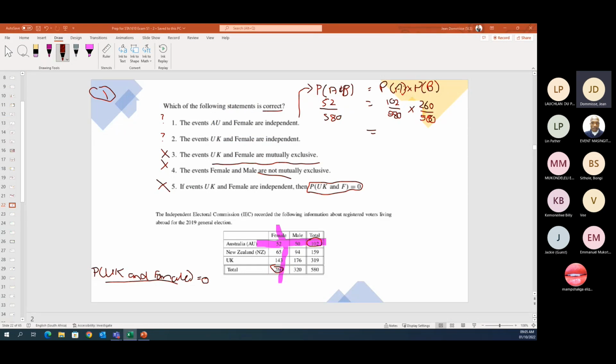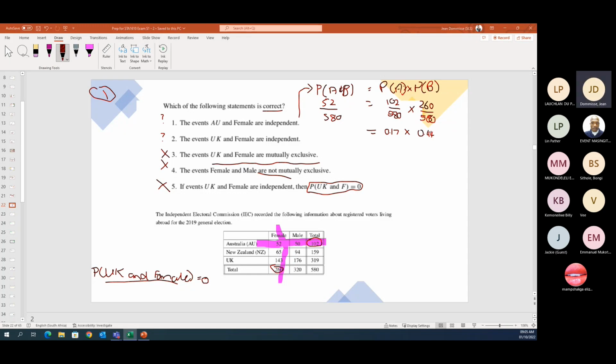So 102 divided by 580 is 0.17, and there's some more decimals. The 260 divided by 580 gives us 0.44, but there's more decimals.